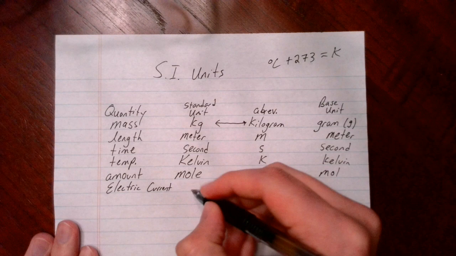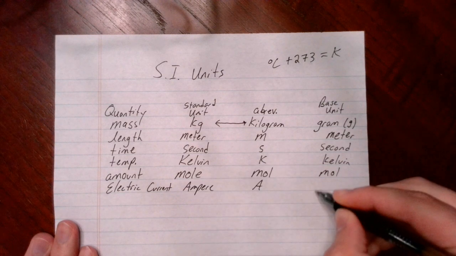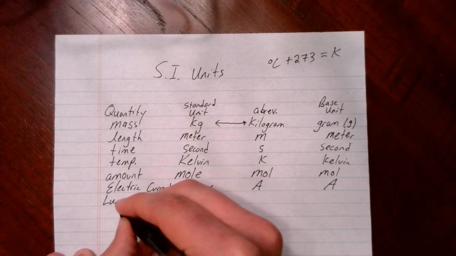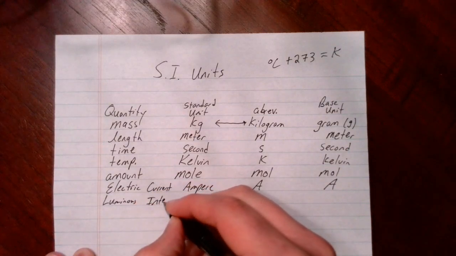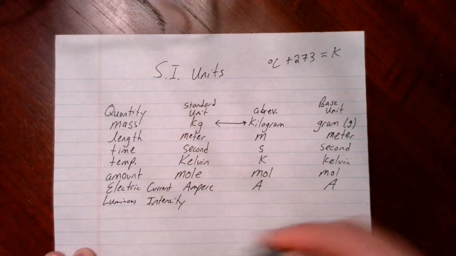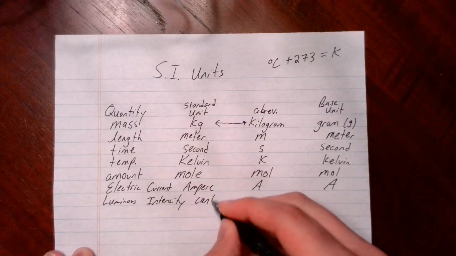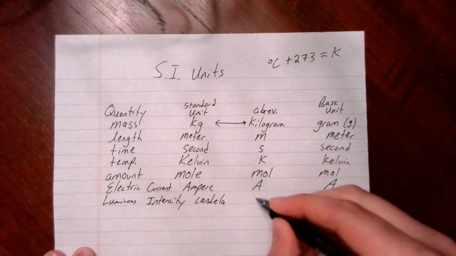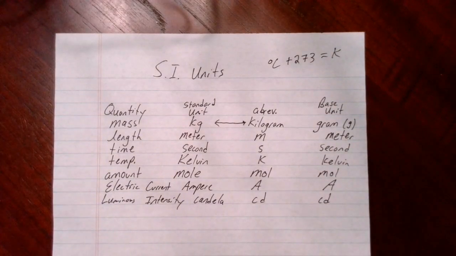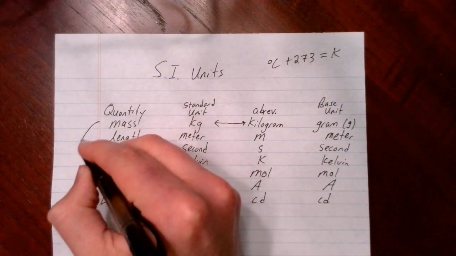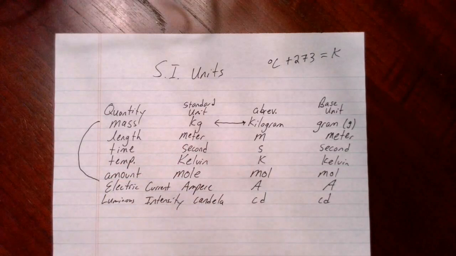Then luminous intensity, where the standard unit is a candela, the abbreviation is cd, and the base unit is cd. Those are used to measure electricity and light. If you take physics, you'll use those, but for this class, we're going to focus mostly on the first 5. Be aware of the last 2 units, but don't worry about the abbreviations. We won't use those in this course.